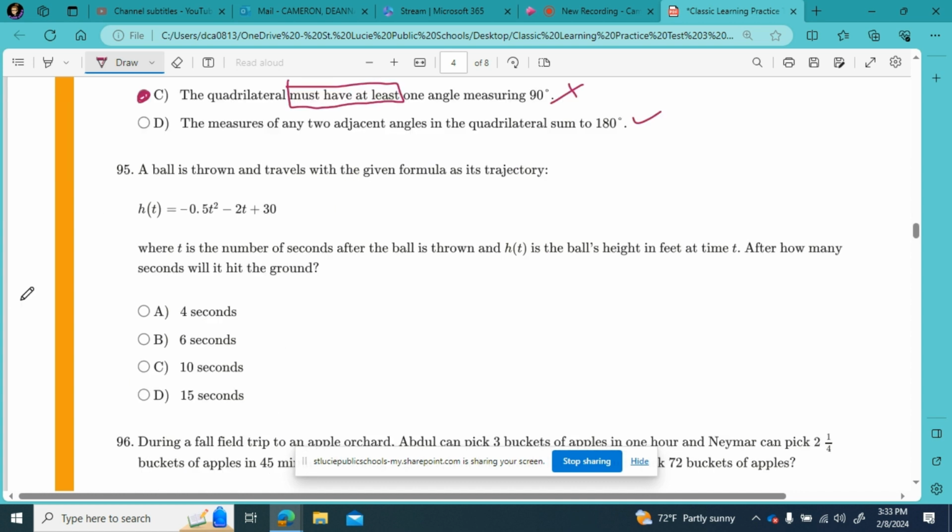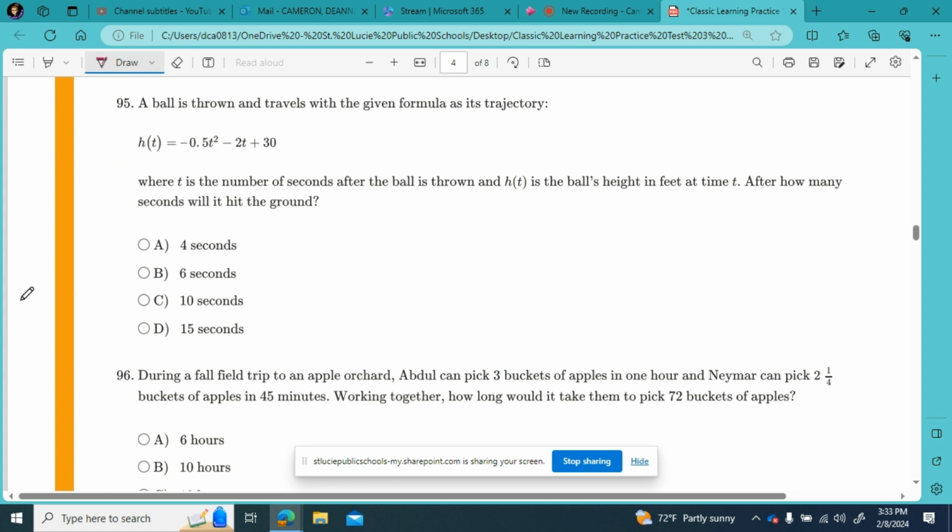And number 95 says, a ball is thrown and travels with the given formula as its trajectory. H of t equals negative 0.5 t squared minus 2t plus 30, where t is the number of seconds after the ball is thrown, and h of t is the ball's height in feet at time t.